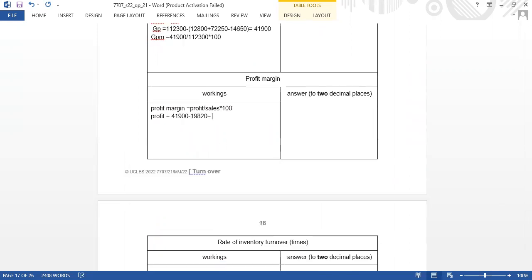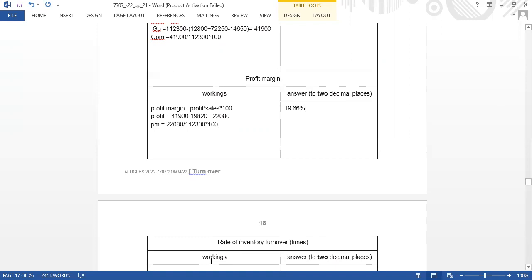That will give us 22080. So profit margin will be 22080 divided by 112300 multiplied by 100. So the answer would be 19.66%.